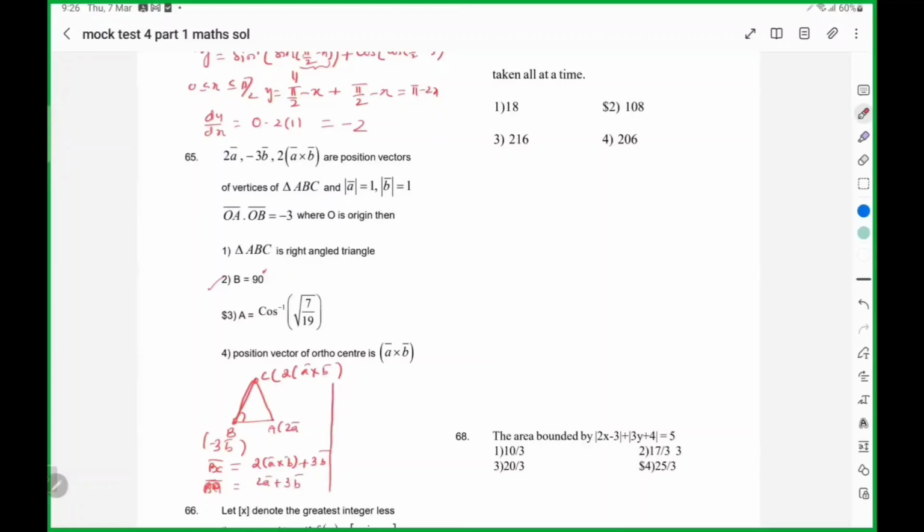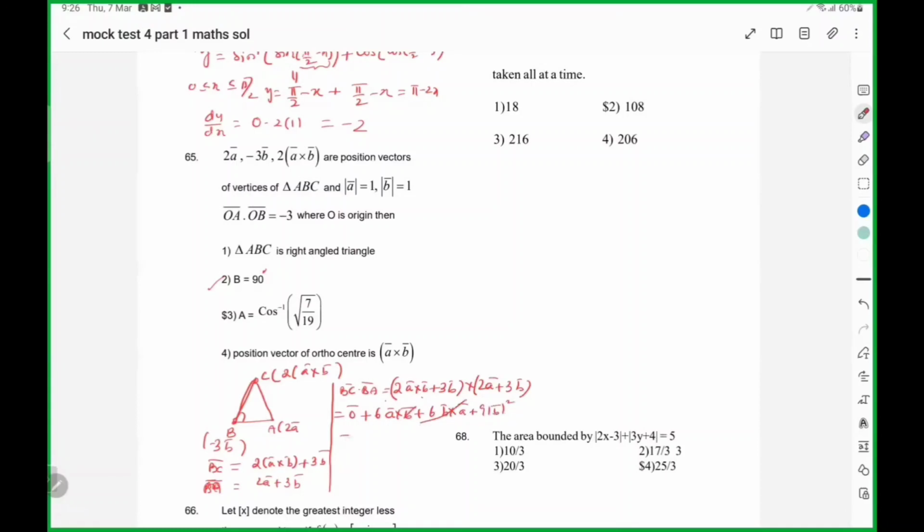In case BC dot BA is 0, then angle B will be 90. So 2 times A cross B plus 3B cross 2A bar plus 3B bar. 2A bar cross A bar is 0. 6A cross B plus 6B cross A plus 9A.